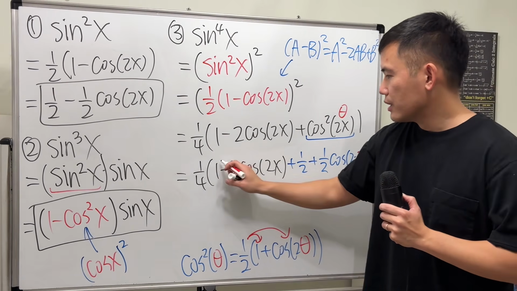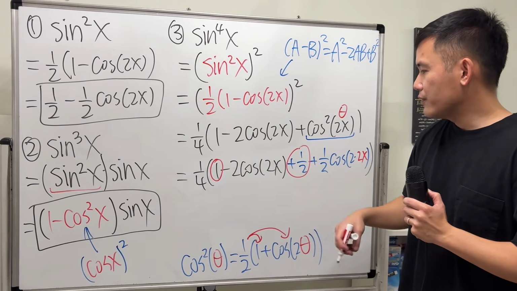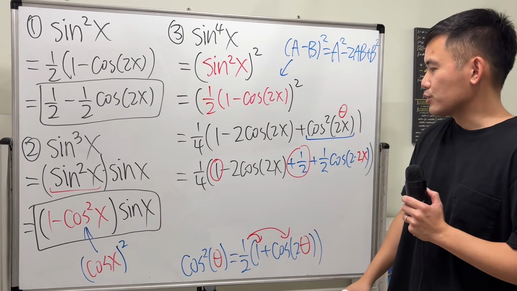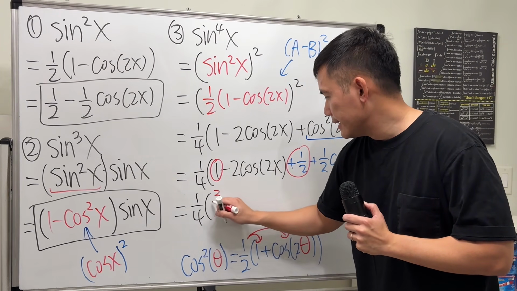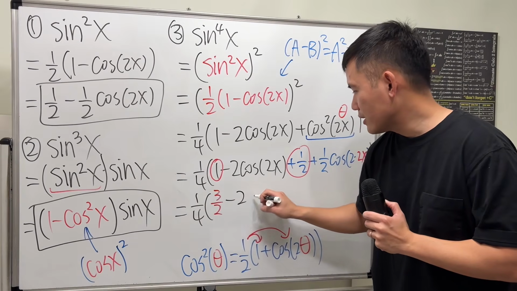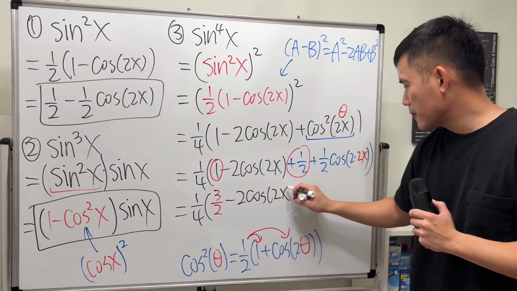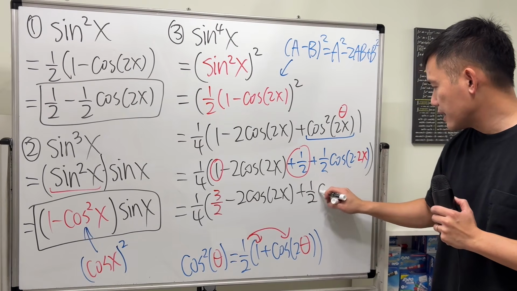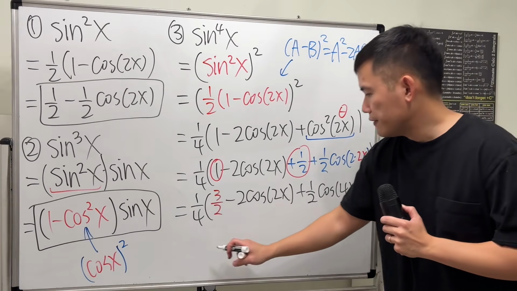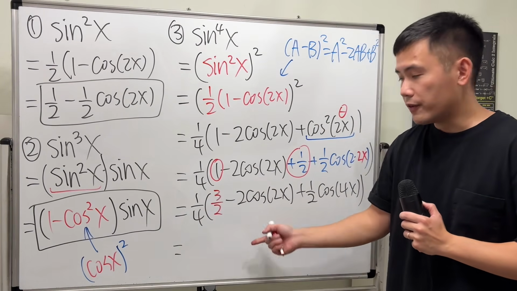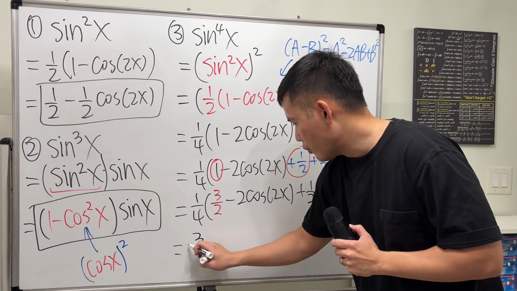Now have a look. This is 1/2. We can combine them, which is just 3/2. So 1/4 times 3/2, and then just again write down the rest. And then finally, I will just distribute the 1/4. This times this is 3/8.